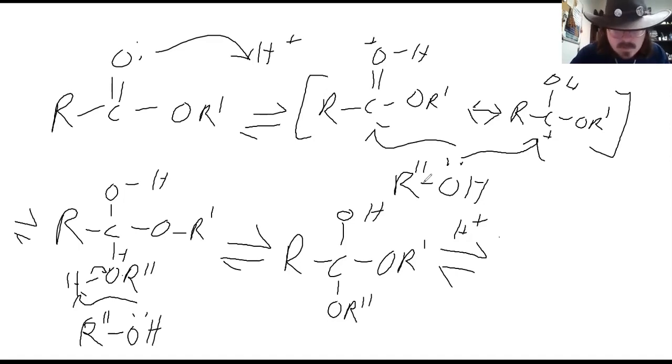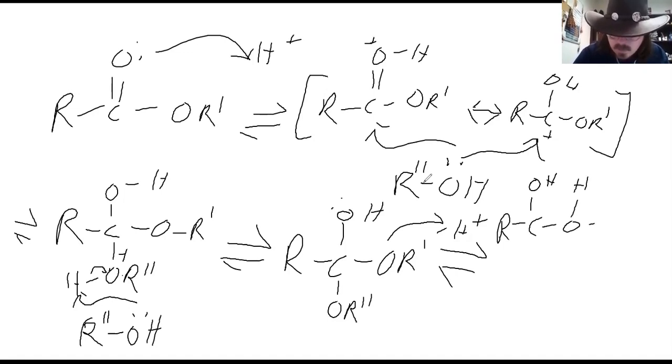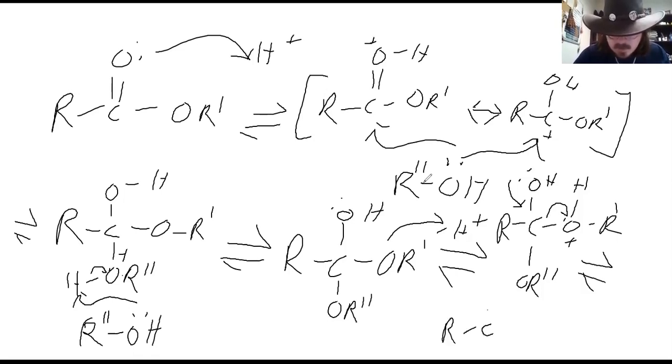So as it shifts over here to attack there, R, C, OH, O, H, R prime. Lone pair shifts down, kick that off as an alcohol. Almost there. We have our intermediate R, O, H plus.